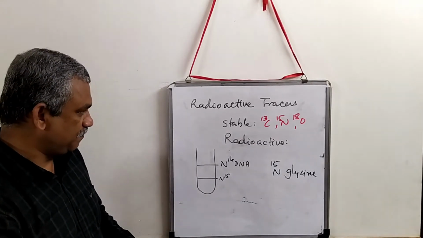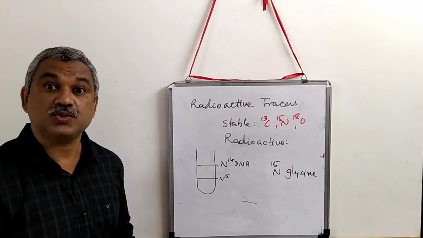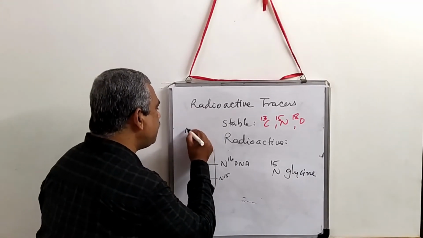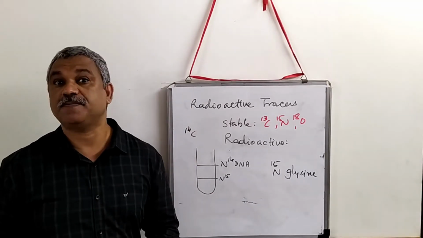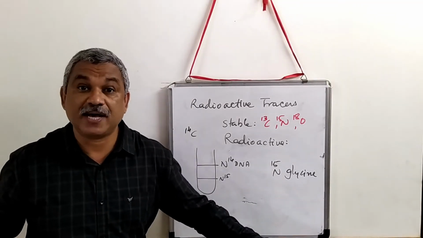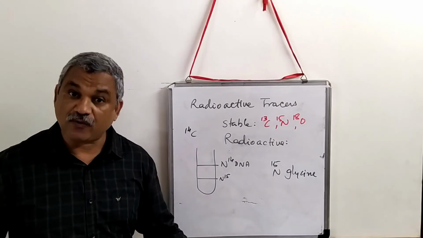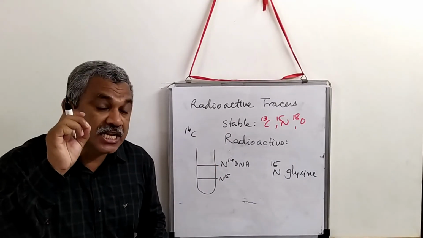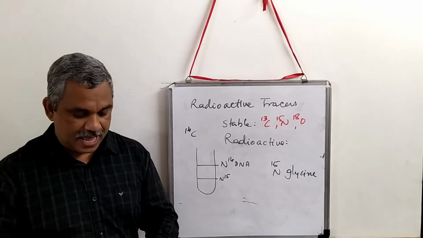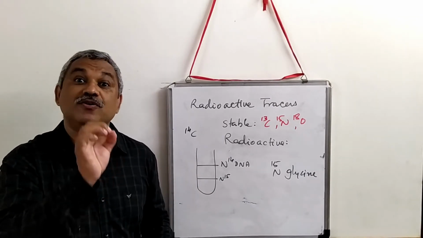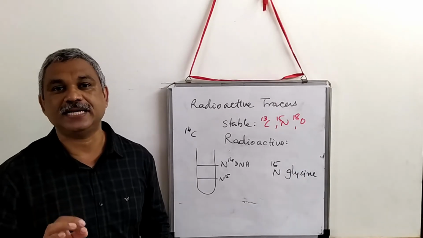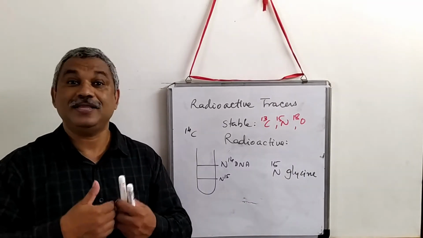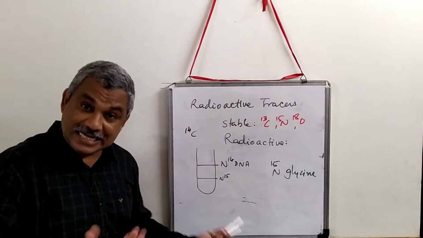Radioactive isotopes are also used to trace pathways. Especially C14 is used to trace a pathway. The pentose phosphate pathway was elucidated by C14. The radio-labeled carbon gets incorporated at a particular place, and then where exactly it got incorporated is traced. That is how the TCA cycle was discovered.